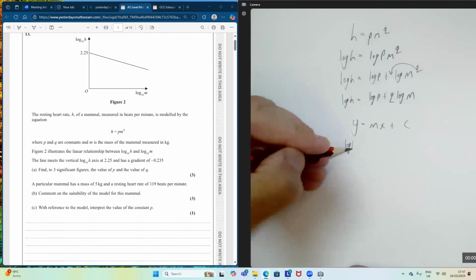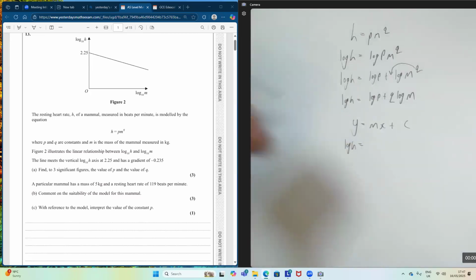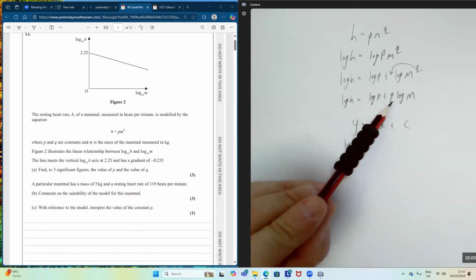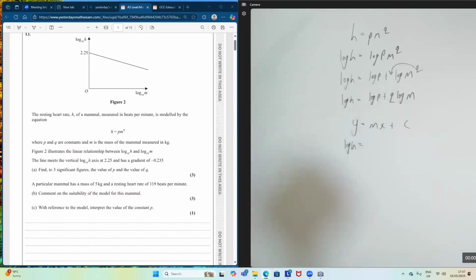So I write down log h is equal to, now at this point, it can be a little bit confusing because when I look at the q and the log m, I'm faced with the decision, how do I know which one is the x and which one is the m? And the answer to that comes from looking at the graph. Invariably, 9 times out of 10 in this kind of question, they give you a graph to show you what's going on. And I can see from the graph here that log to the base 10 of m is the x-axis.